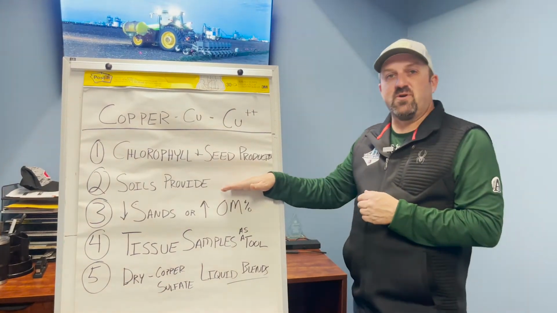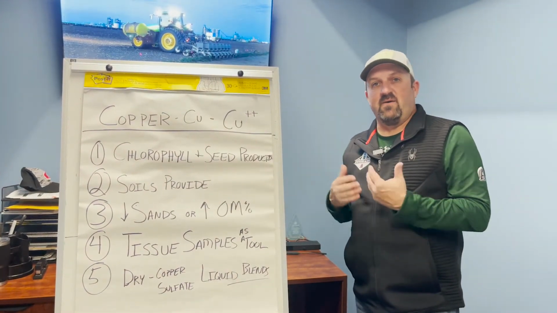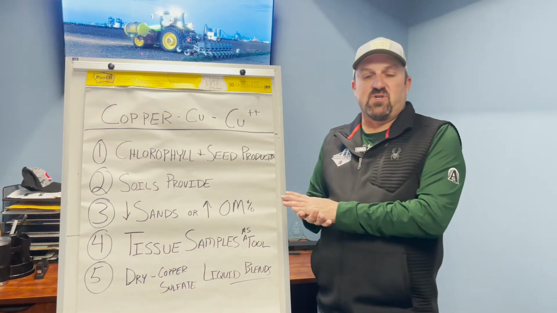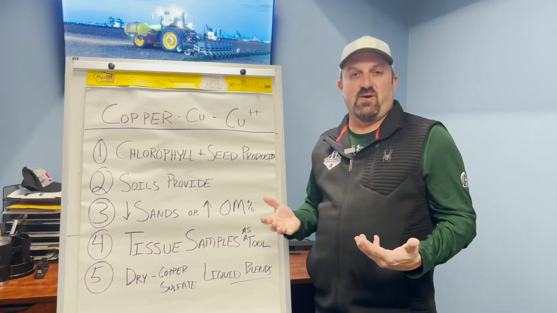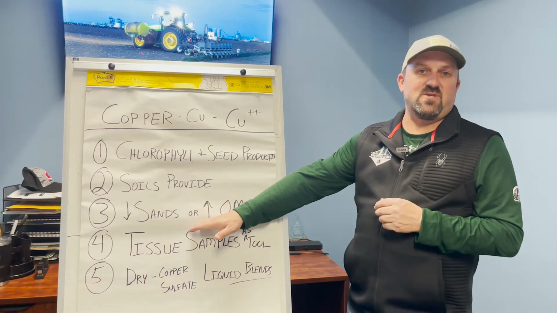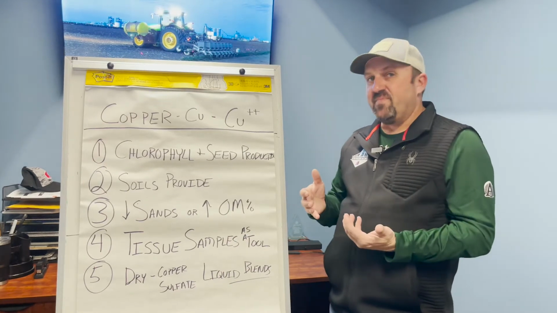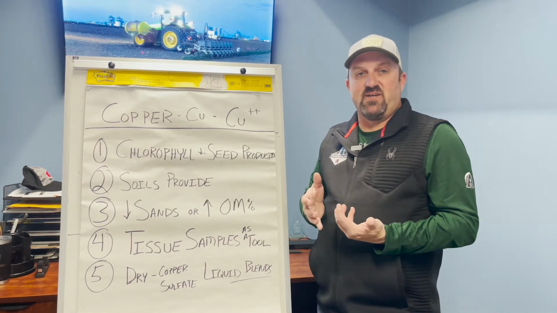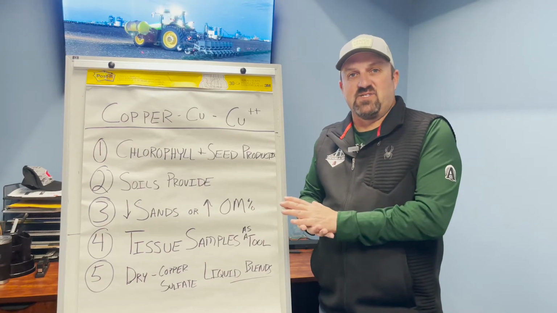Our soils do a good job of providing our copper for us, especially in your sandy loams and clays, which are predominant soils throughout Nebraska. We can run into some copper deficiency issues when you get into some of the light sands, those 5 to 4 CEC soils, kind of the really light Valentine sands, the sandhill type sands.